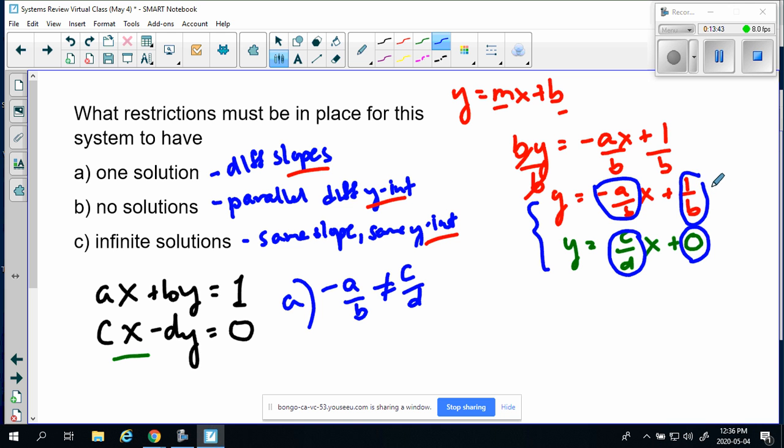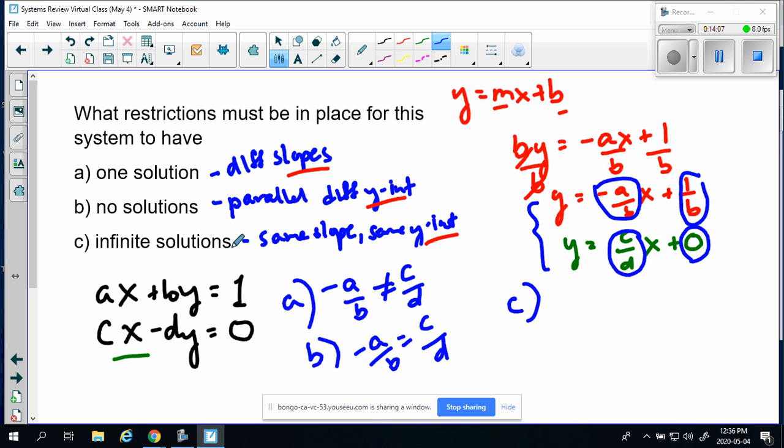You can't because you're dividing by 0. That's not the same thing. So as a matter of fact, you can already see from here that these intercepts are not the same, and they never will be. So we don't even have to worry about that. All we have to say is that these slopes have to be the same. And the y-intercepts are never going to be the same.